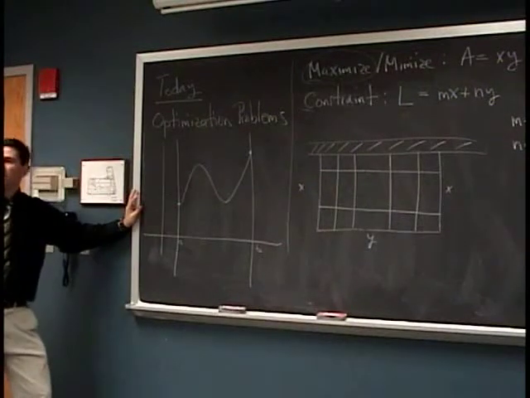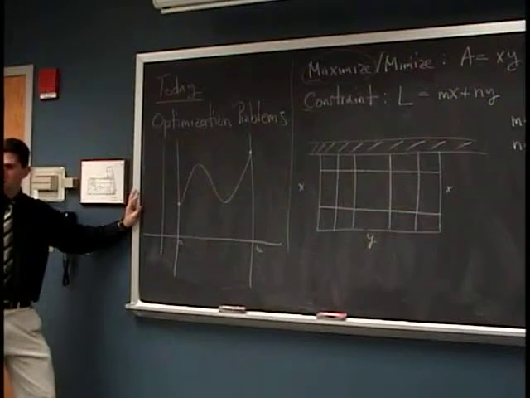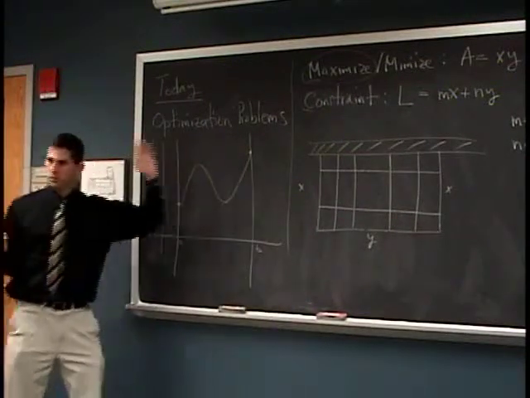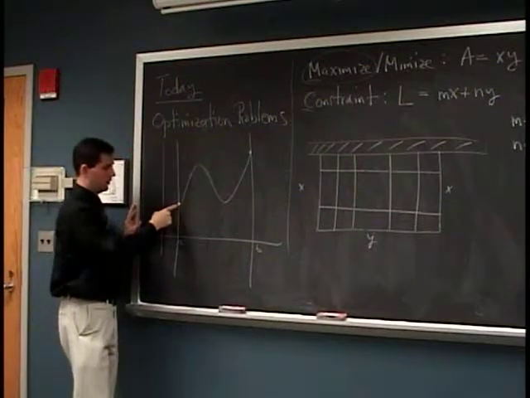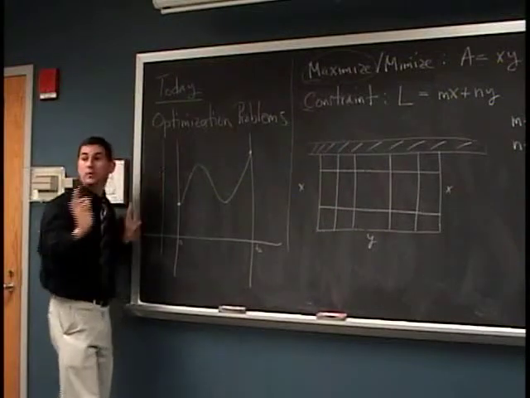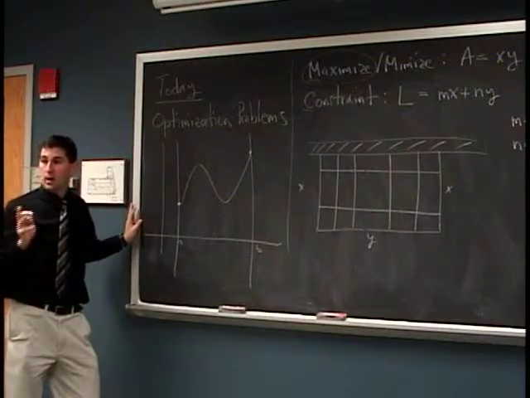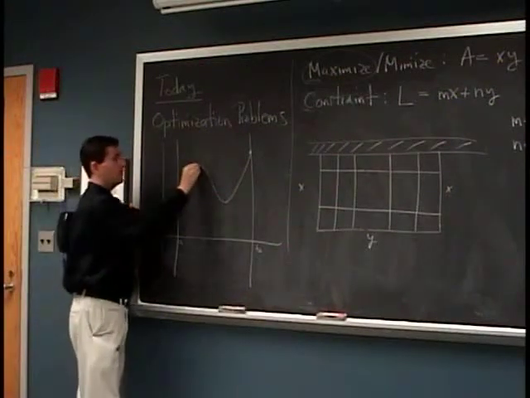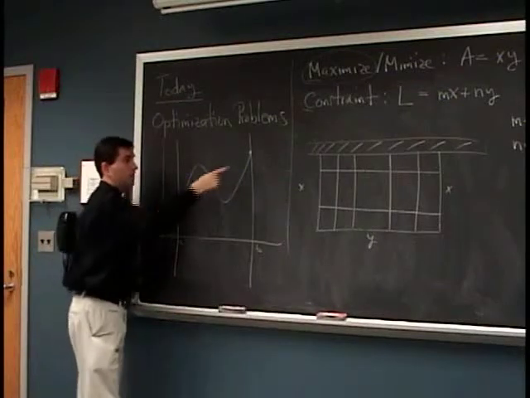I'm looking for the absolute maximum. What the extreme value theorem says is as long as you have a nice continuous function on this interval, then first there will be an absolute max, and there will be an absolute min. And what you see is that it's either going to be one of the local mins or local maxes, or one of the endpoints.